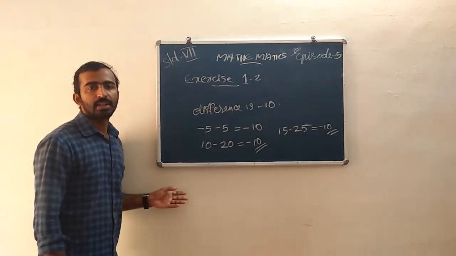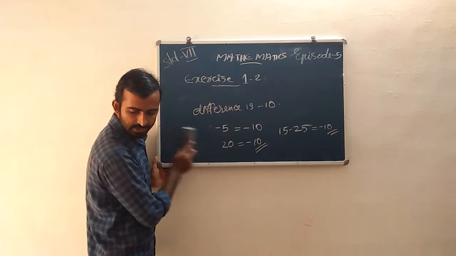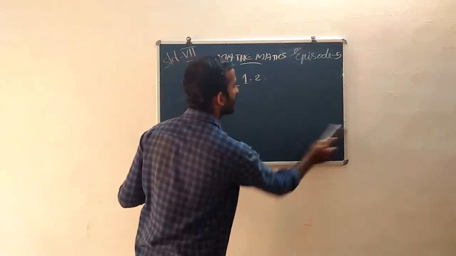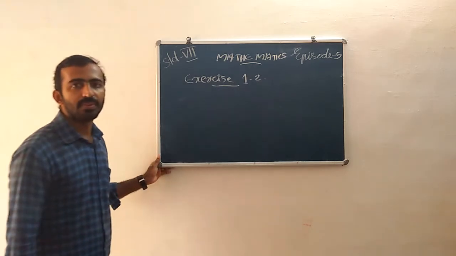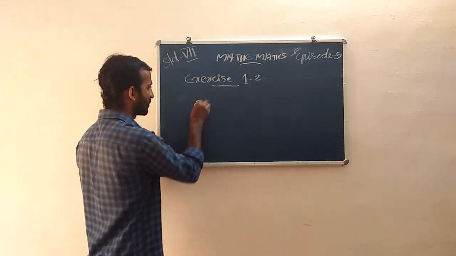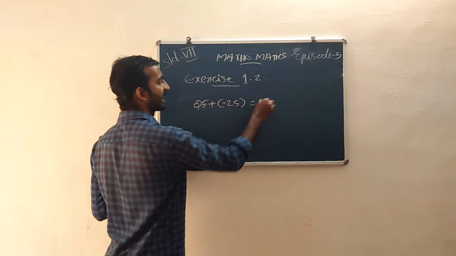Okay. The next question is, sum is 0. Then we can take 25 plus negative 25. We get answer 0.